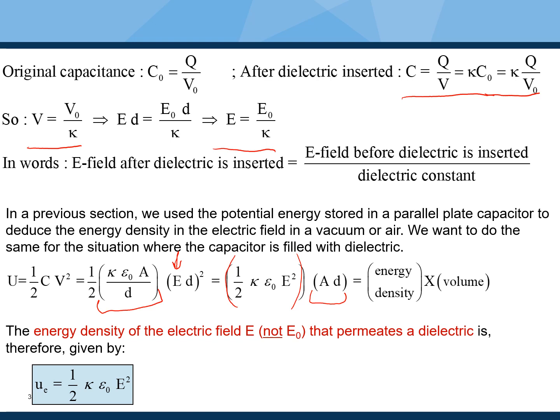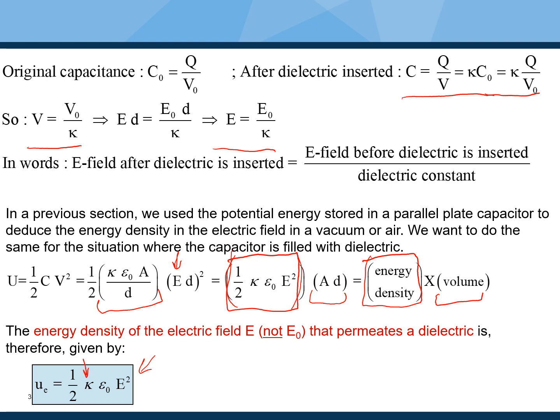So for a parallel plate capacitor, the area times the distance between the two plates is just equal to the volume, and this tells us that this expression corresponds to the energy density associated with an electric field permeating a region which has a dielectric constant kappa. So this gives us the energy density associated with the electric field when the electric field permeates a region that has a dielectric with a dielectric constant given by kappa.